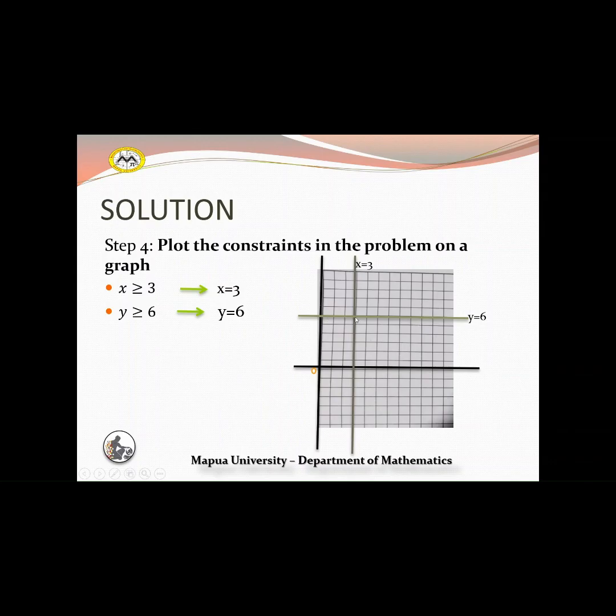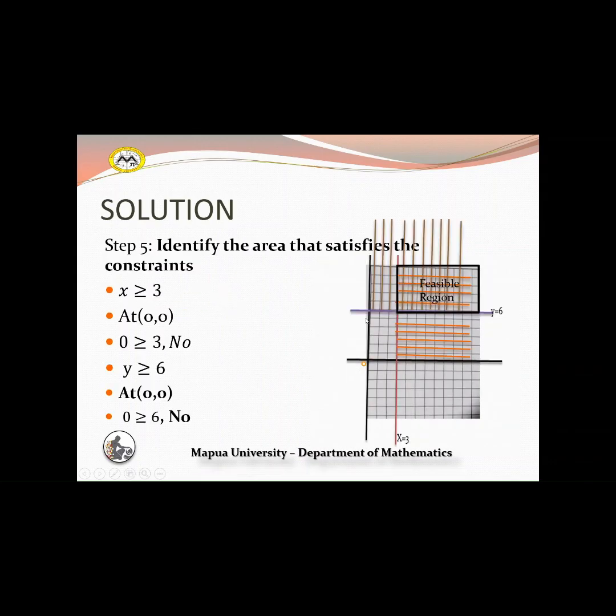And then we determine the feasible region by using a testing point. For the constraint x greater than or equal to 3, when we substitute the point (0, 0), is 0 greater than or equal to 3? The answer is no. Then, from the boundary line x equal to 3, we shade the half-plane region excluding the point (0, 0), which is our testing point.